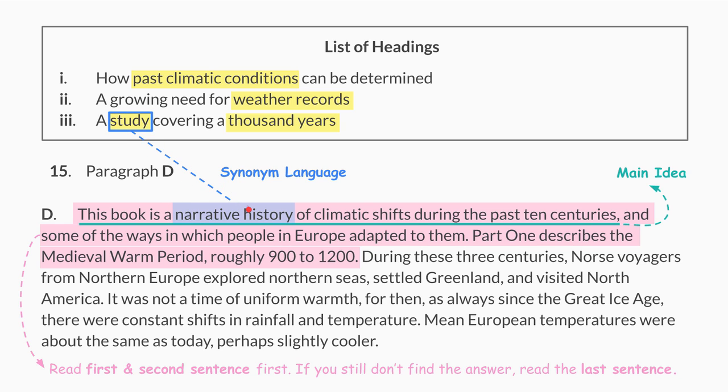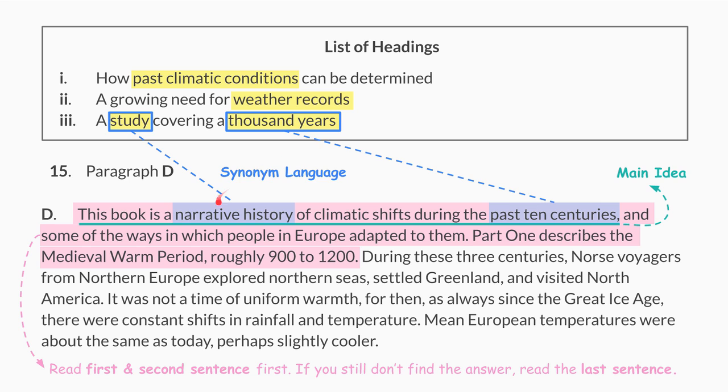A narrative history is talking about the book being a narrative history. Another use of synonym language is over here. Past 10 centuries. What is that synonym language for? That is synonym language for 1,000 years.